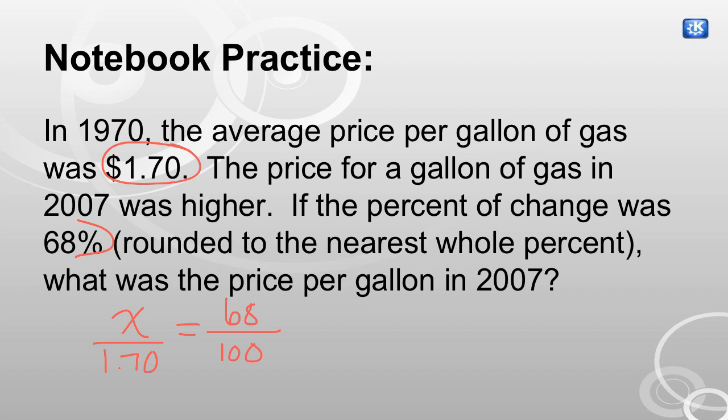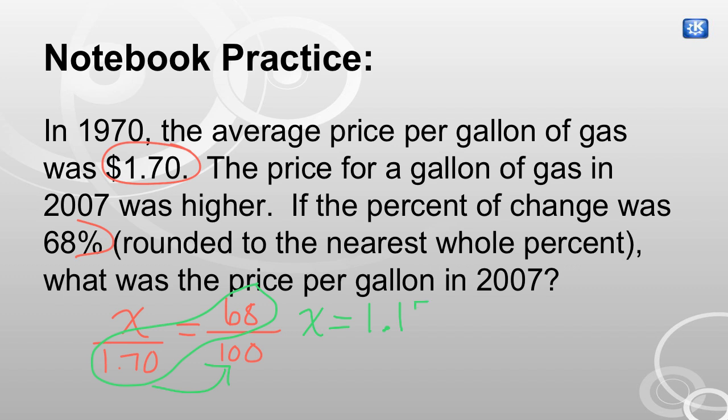So I would pick up my calculator. I would multiply $1.70 times 68. So go ahead and do that, please. And then, of course, divide by 100. And so your x is going to come out 1.156.